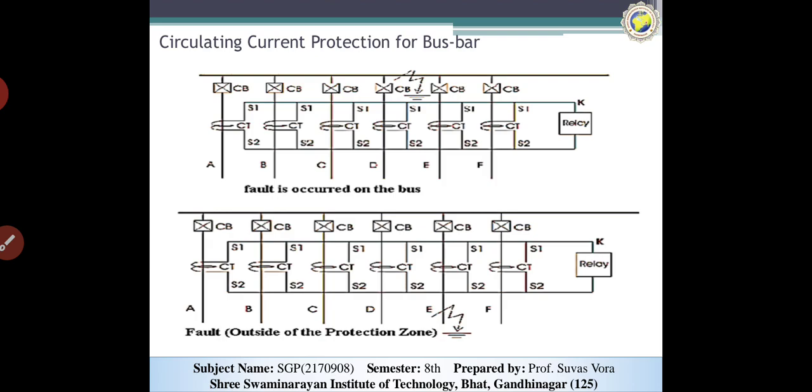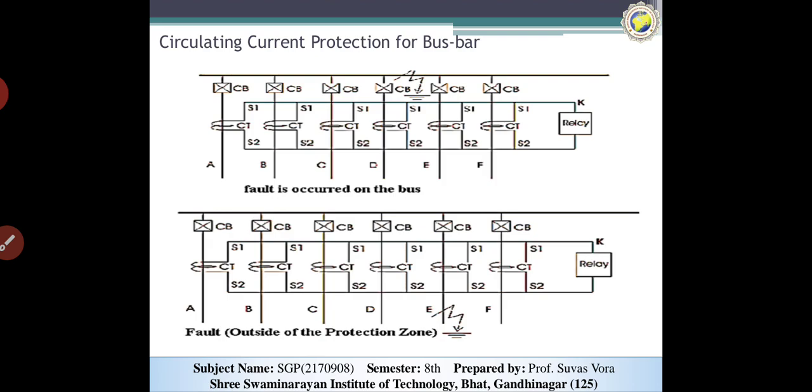It means a fault in the busbar system. So the sum of all the secondary currents is no longer 0, it is equal to the faulty current. So applying the KCL at the node, we will get a non-zero value. It means IR gets some value and current starts flowing through the relay.